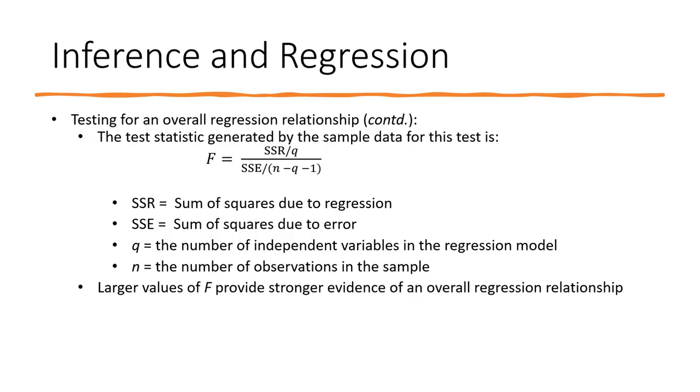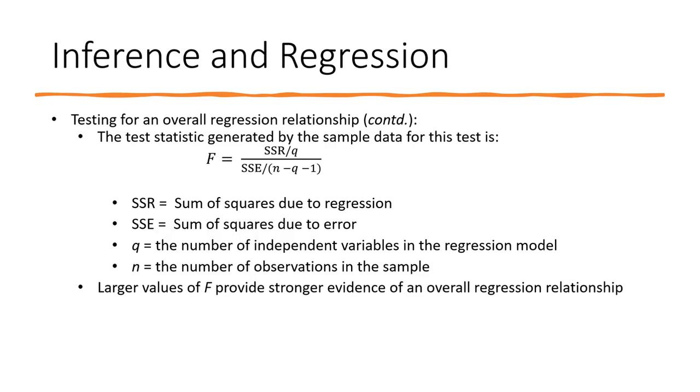Typically, statistical software will report the p-value for your F-test statistic. For a given value of F, the p-value represents the probability of collecting a sample of that same size from the same population that yields a larger F statistic, given that the values of beta 1, beta 2, and so forth are actually 0.